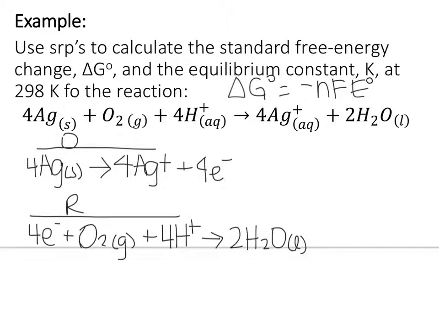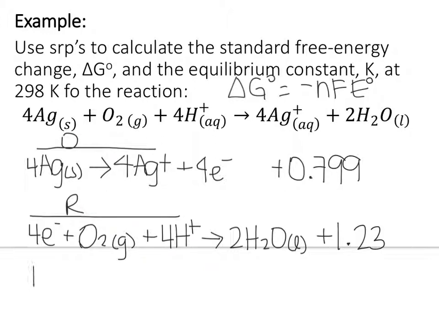All right, welcome back. Here are the two balanced half reactions we have. I basically just split apart the top equation. Okay, if you haven't found the cell potentials, find them now. If not, here they are. So this one is positive 0.799, positive 1.23. Okay, we have cathode minus anode. Cathode is our reduction, anode is oxidation.